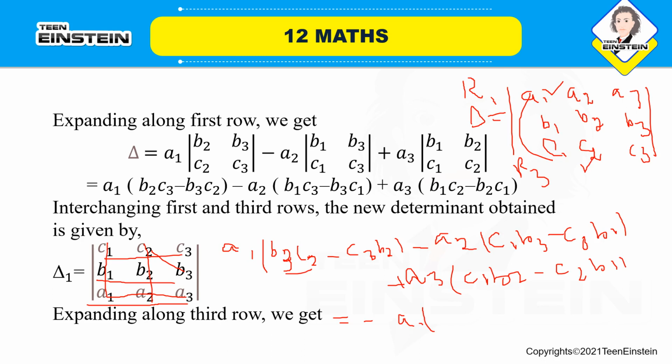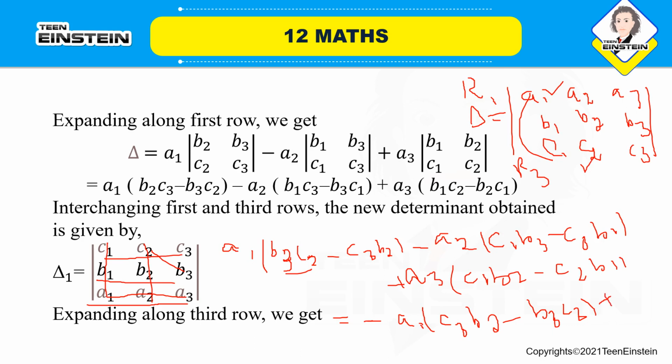So taking the minus sign outside from this, it becomes C3B2 minus B3C2, correct? So minus A1 into C3B2 plus A1 into B3C2, right?